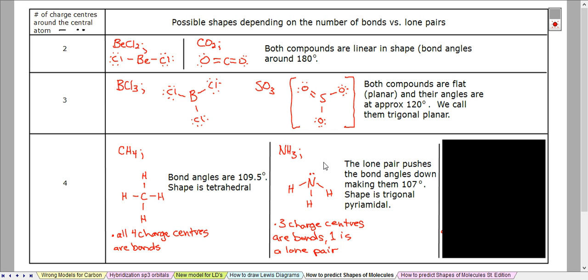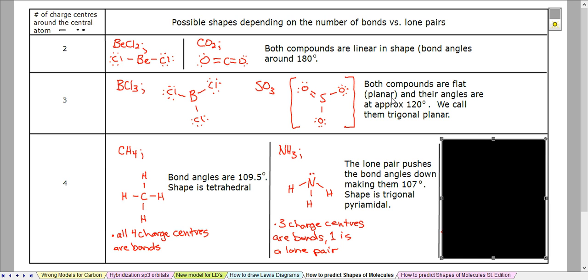It's still forcing the bonds down. But it makes the molecule, the nitrogen, hydrogen atoms, take a pyramidal shape that's got 3 points. We call it trigonal pyramidal. So if you have 3 charge centers that are bonds and 1 charge center that's a lone pair, your shape is trigonal pyramidal. Boom, done.